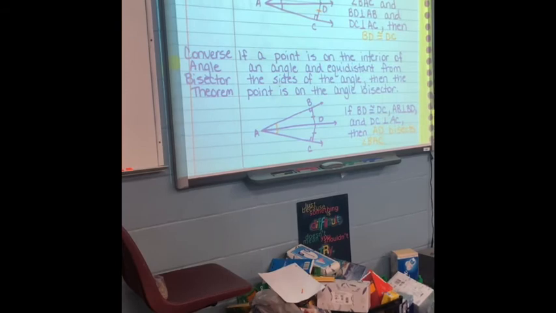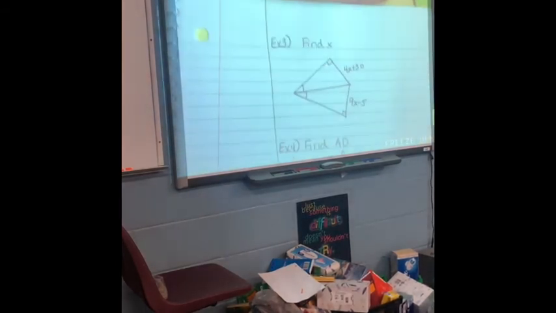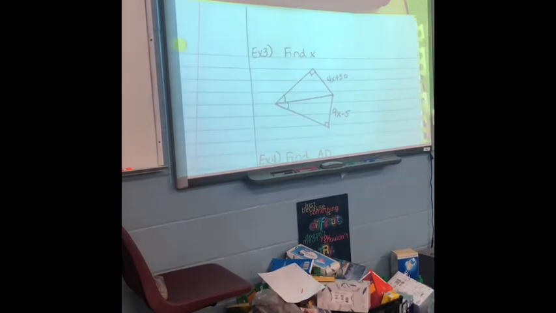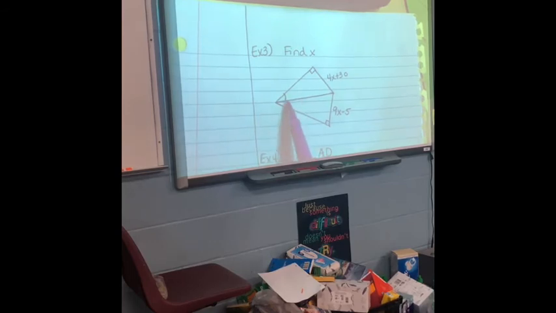Alright, so looking at the first example here. We're going to find X, and they give us an angle bisector. The reason I know it's an angle bisector is because it cuts the angle in half, and a point on it is perpendicular to the outside.